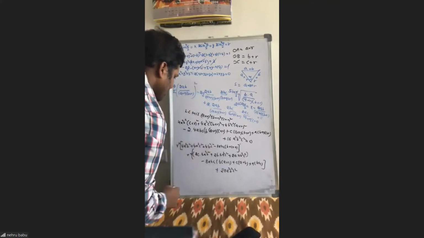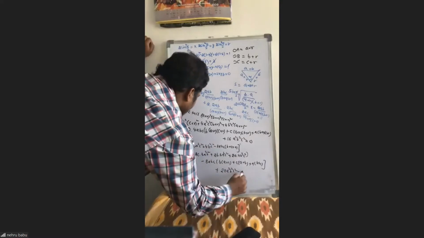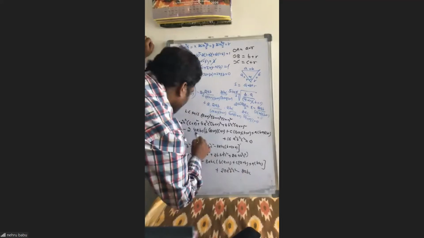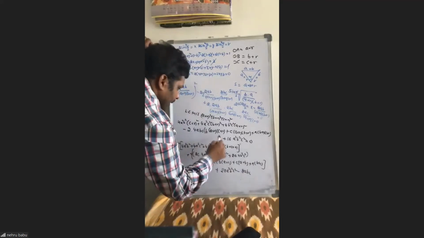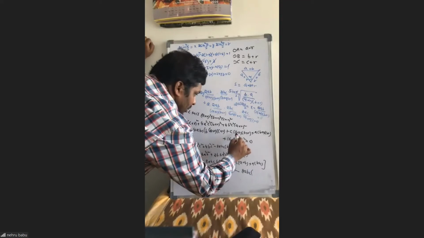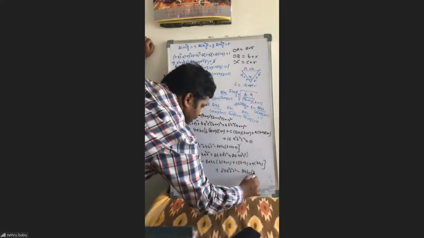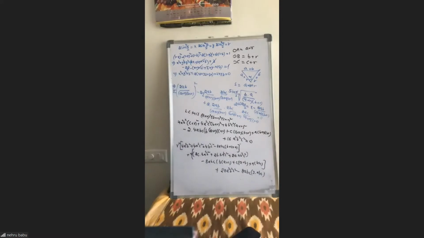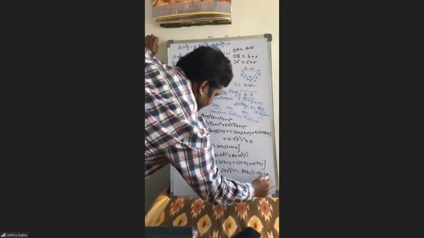Here the constant term is minus 8abc into abc, here also abc, 3 times of abc, so 24. Overall you will get the constant term simply 4a square b square c square.